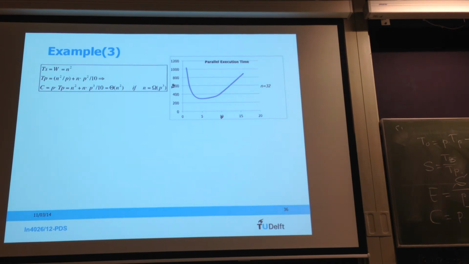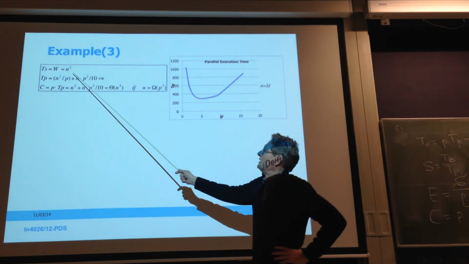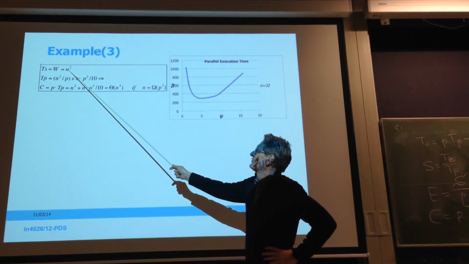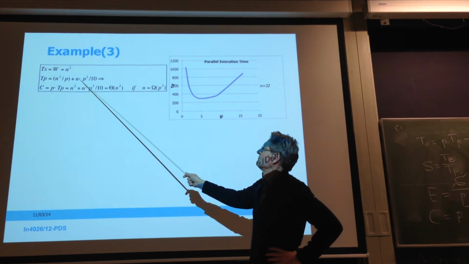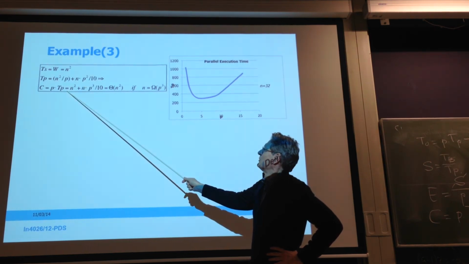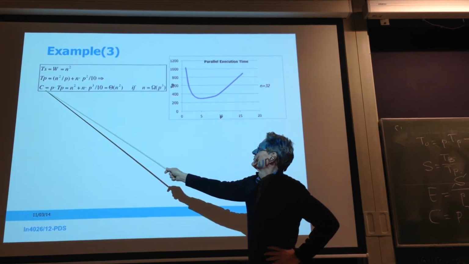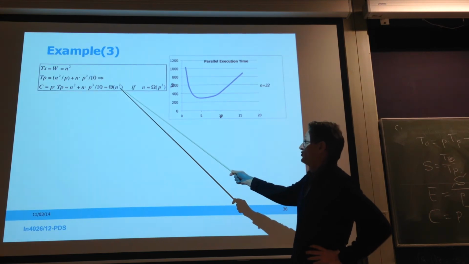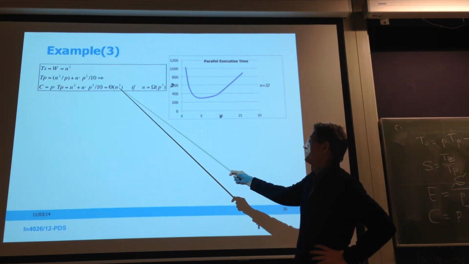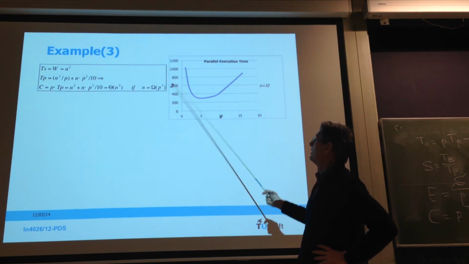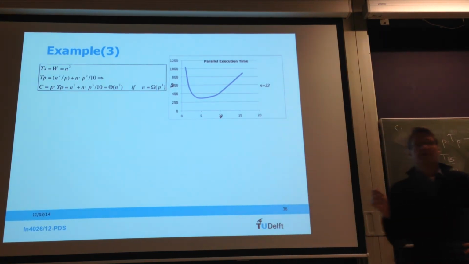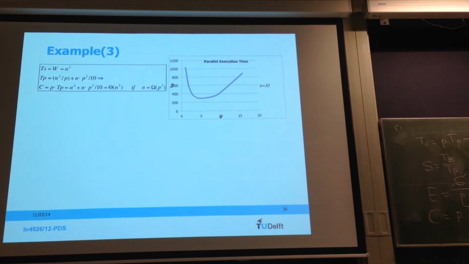Well, just another example along the line given, right? Suppose that the sequential execution time is n squared and that the parallel execution time is given by this expression. We've already seen this, then the cost is this expression, which should be equal to order n squared, and that's only true if n is lower bounded by p to the power 3.